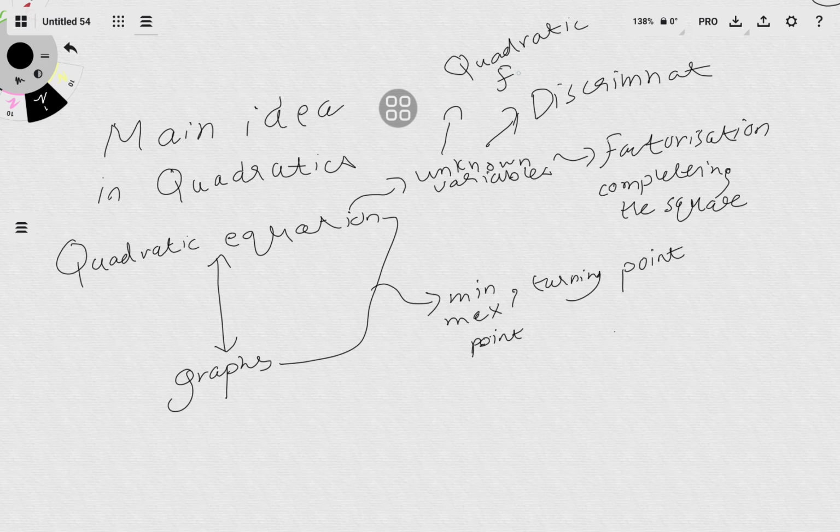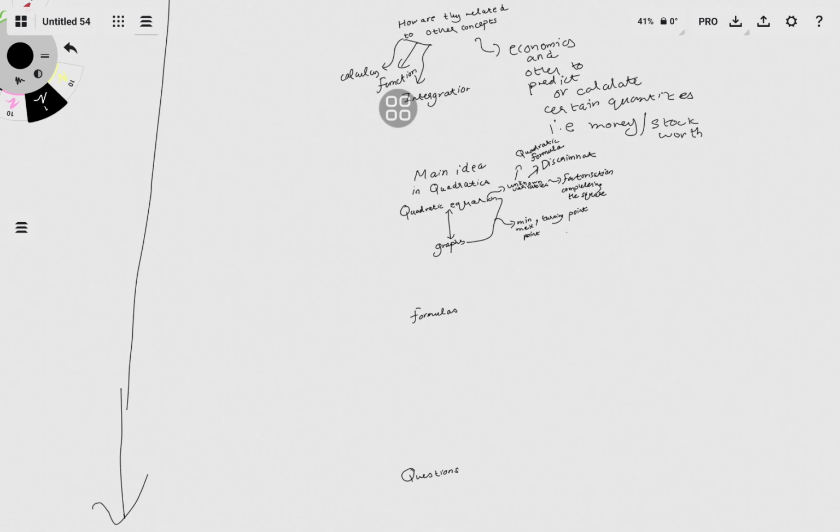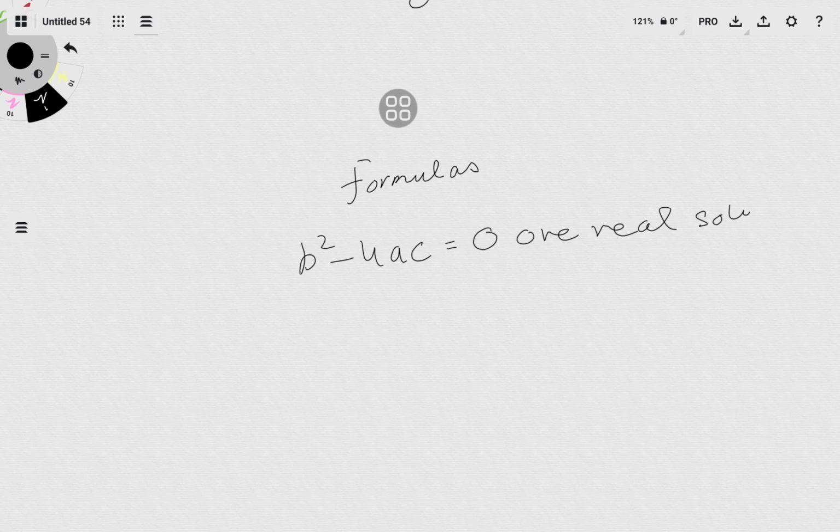We have the formula b square minus 4ac equal to 0, which gives one real solution. B square minus 4ac greater than 0 gives two real solutions.